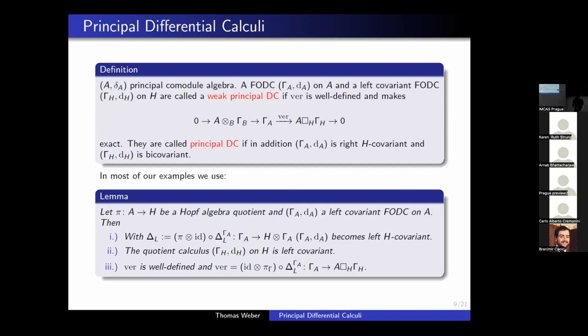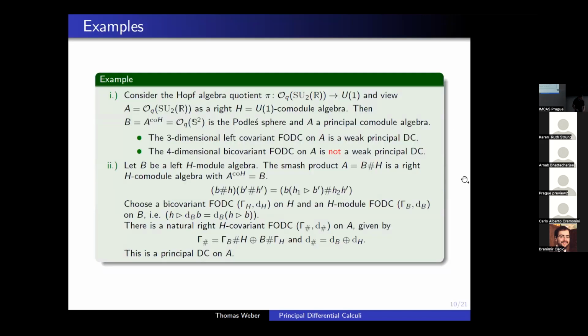Examples. Consider the Hopf algebra quotient of O_q(SU2) into U1. I don't give the definition of this Hopf algebra now. Later on we will have SL2, which I will show you, and it's basically the same thing. So just see it as some kind of q-deformation of SU2.